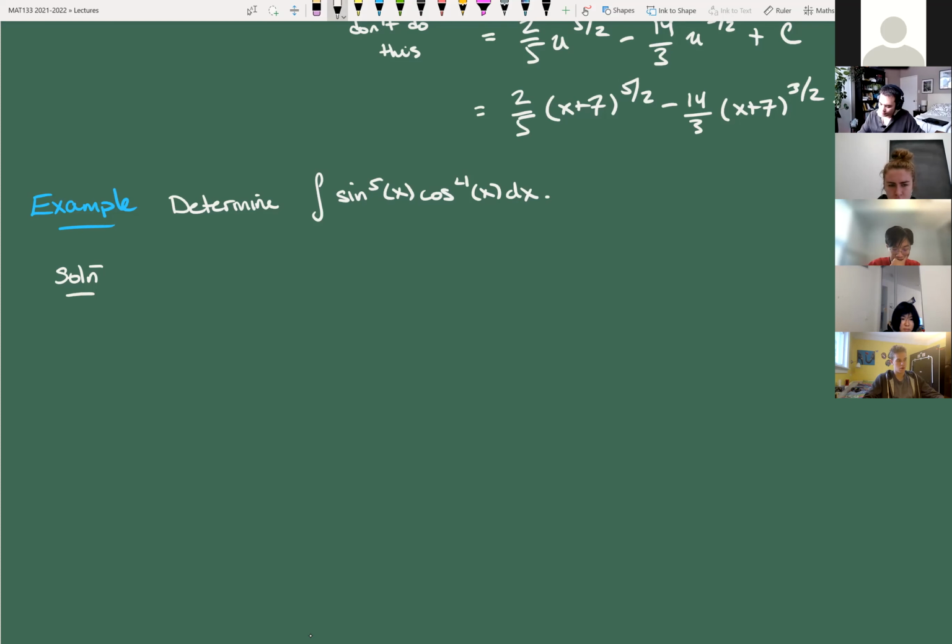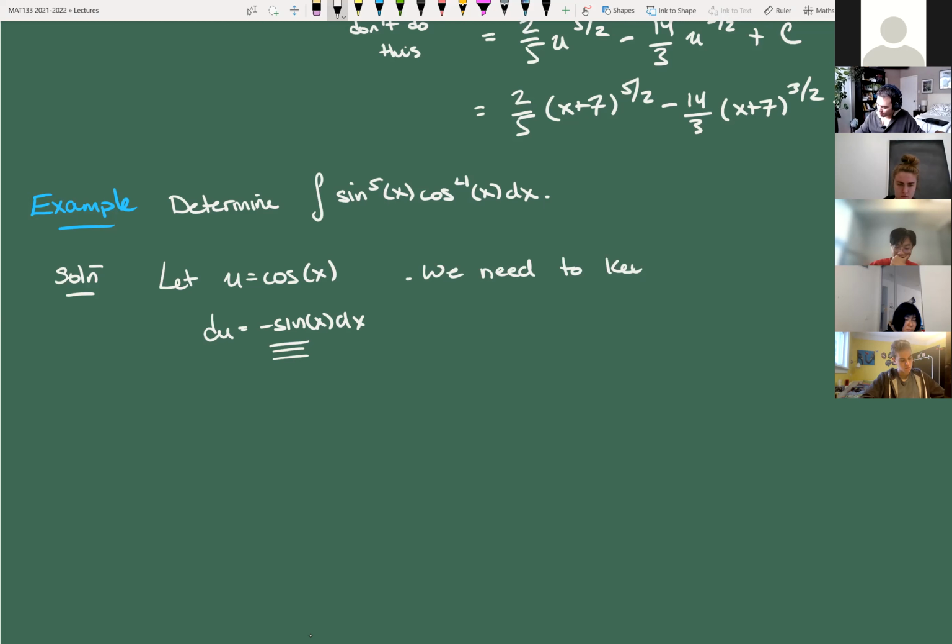So what we're going to do, actually, maybe let me tell you what the substitution is first. We're going to let u be cosine x. Okay, so let me show you why. Exactly, there you go. So sine squared, yeah. What we're going to do is we need to keep one sine x term for the substitution to work.